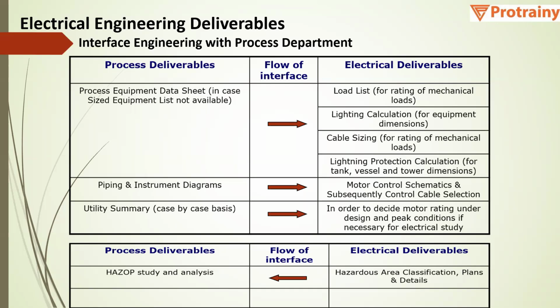Based on the P&ID, we will have our control cable selection and motor control schematics. Based on the utility flow diagram, we will decide on the motor rating. Similarly, the electrical area classification drawing will provide inputs to the HAZOP review and study.